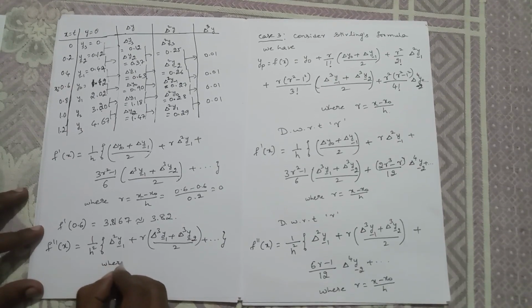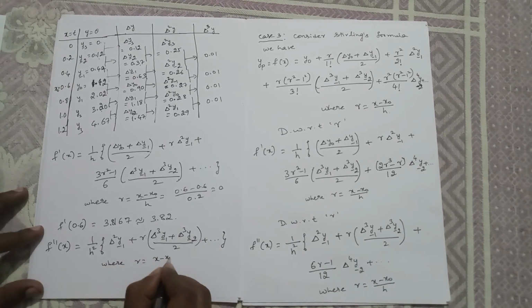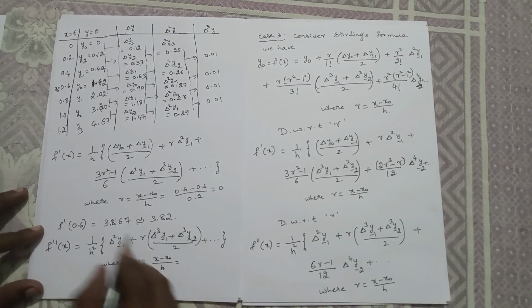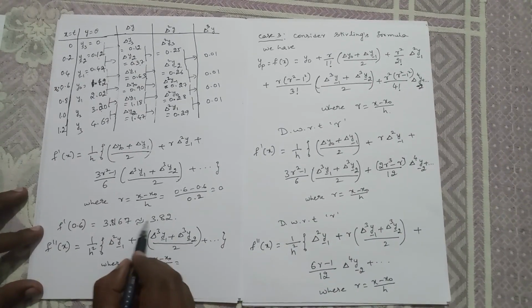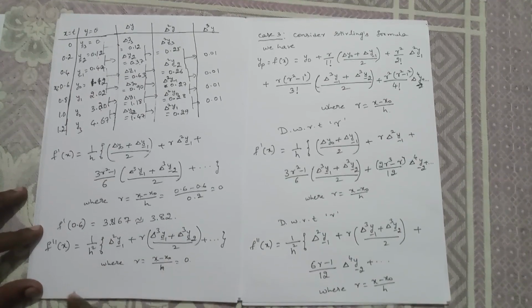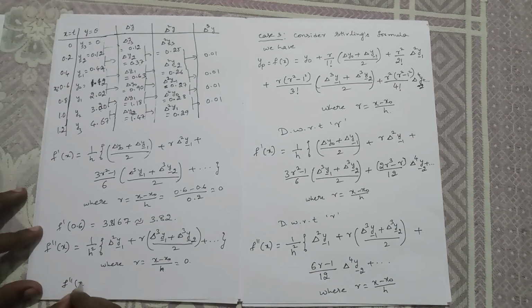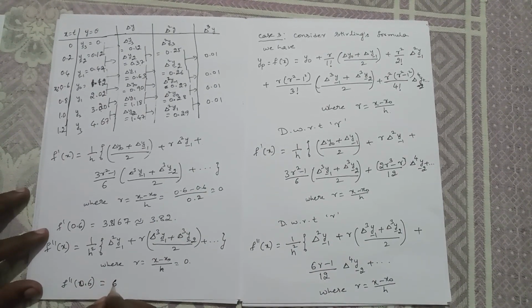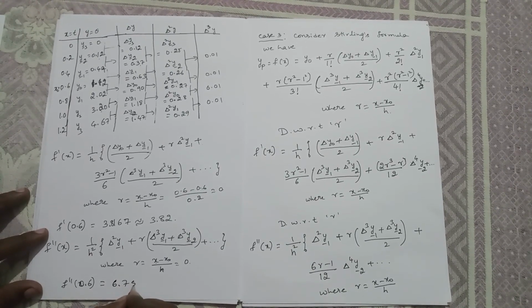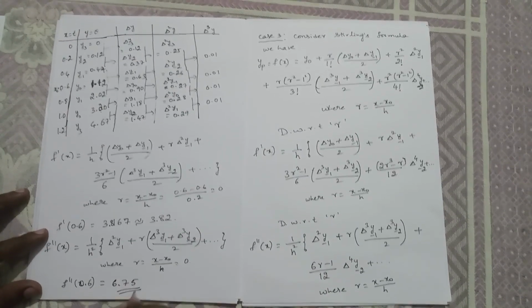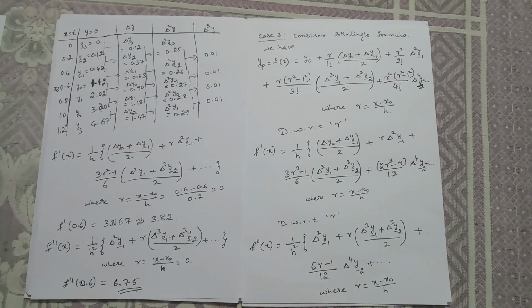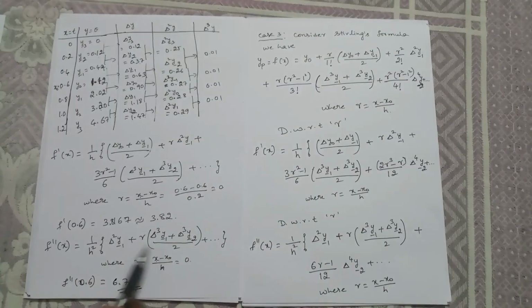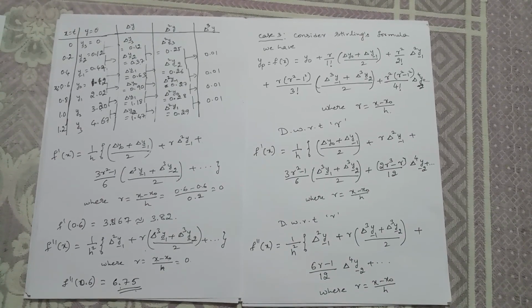Here also the r value is 0, because x minus x naught divided by h, with x and x naught both 0.6, gives 0. So f double dash of 0.6, if you substitute all those values, you get 6.75. So this is the required solution.